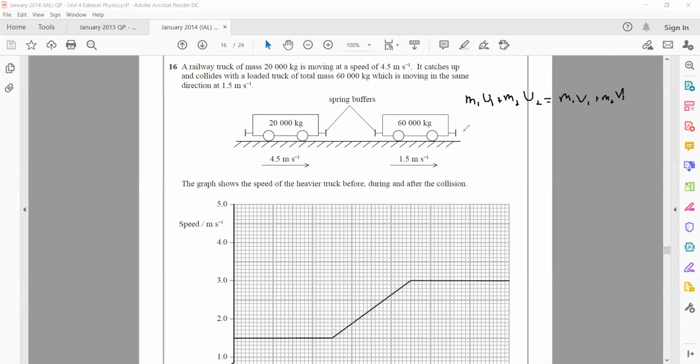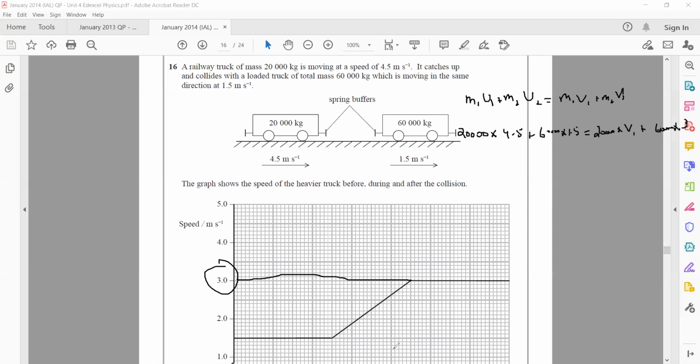The first mass is 20,000 multiplied by initial velocity 4.5. The second mass is 60,000 and initial velocity is 1.5. But after collision, you can see the velocity of the heavier truck is 3. So m1 is 20,000 multiplied by its velocity v1, plus m2, 60,000, multiplied by velocity 3. You will solve this, and the final answer, when you subtract, you will get 0.